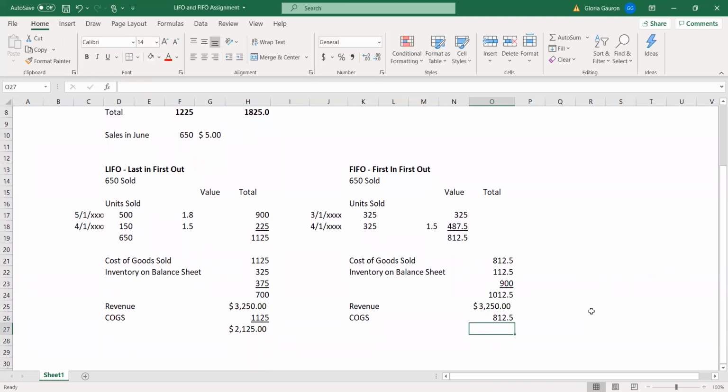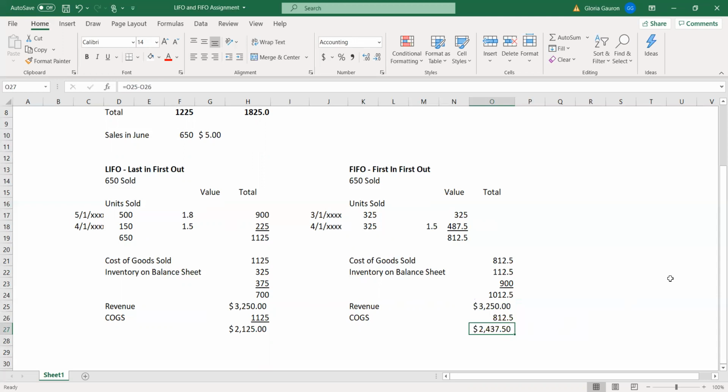And then to get to my gross profit, I take my revenue minus the cost of goods sold, and my gross profit is $2,437.50.